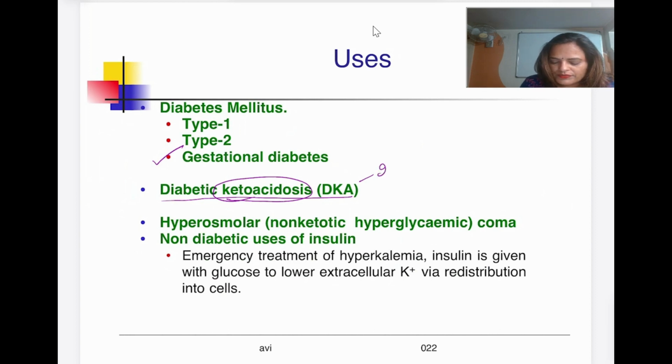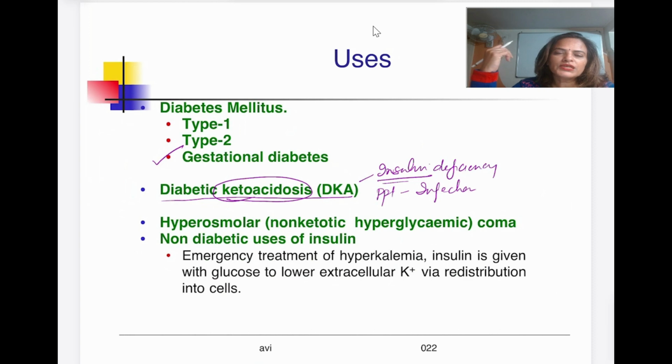Insulin deficiency or insufficiency, a mismatch where the body does not meet the insulin requirement. The precipitating factor here is most probably infection, trauma, pancreatitis.